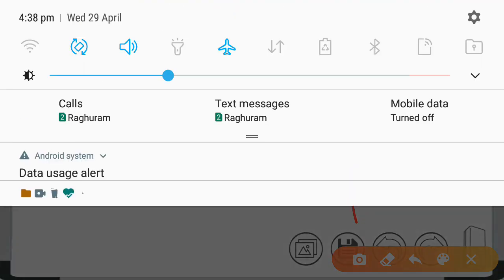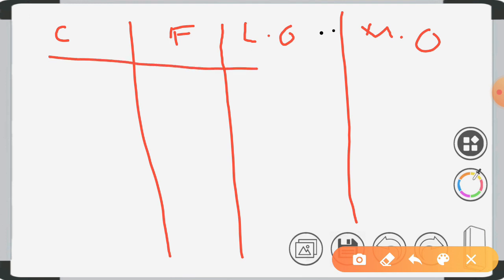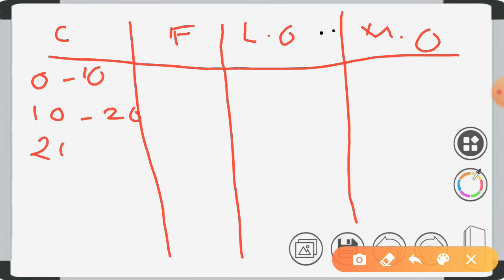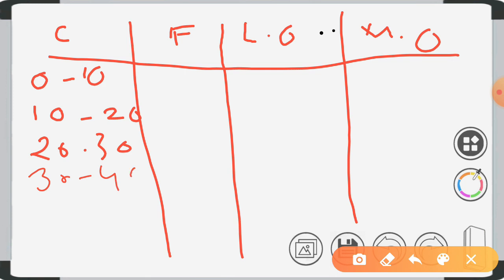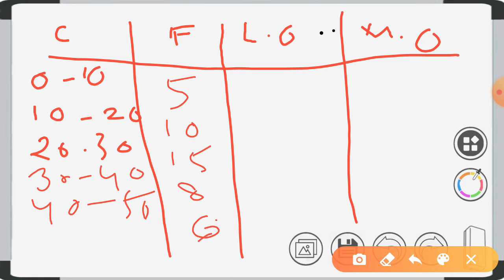So we have the class, the frequency, the less than ogive curve and the more than ogive curve. Just note down the details now.